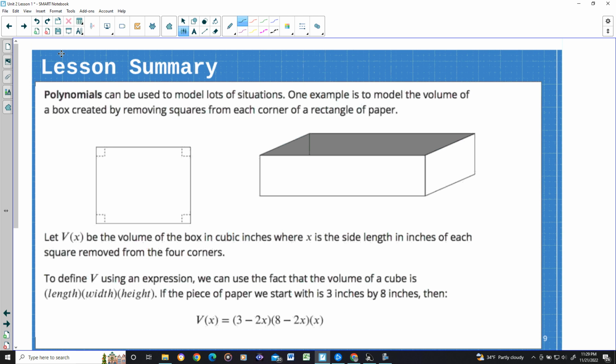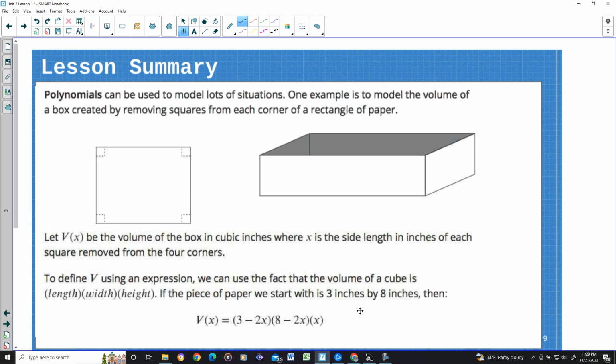Okay, a little bit of a summary here. Whether you have 3 inches by 8 inches, or 11 by 14, 11 by 17, 26 by 30, whatever paper you have, the volume function is going to look a little something like this. You notice that because of the way we use the cutouts, the volume formulas will always have this minus 2x as a part of it, multiplied by x.